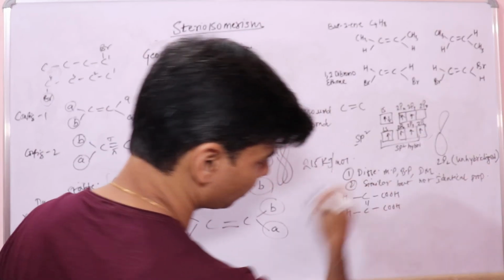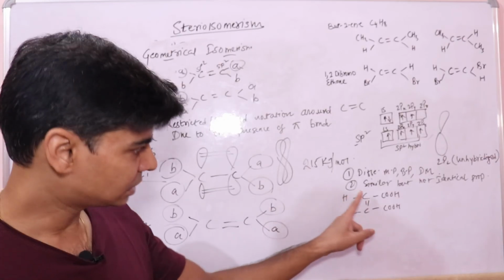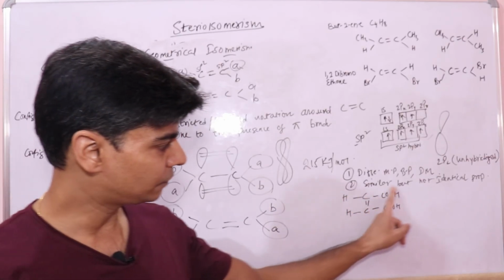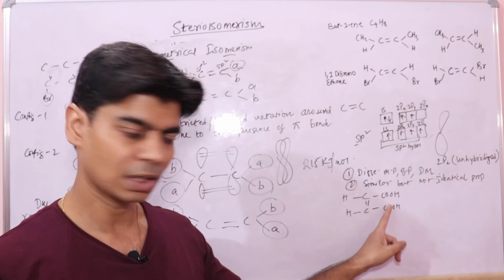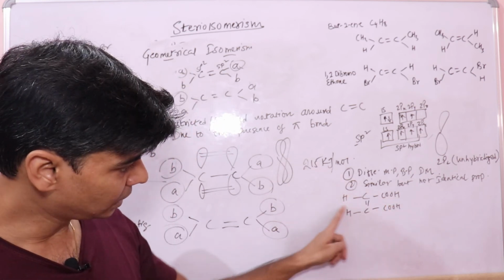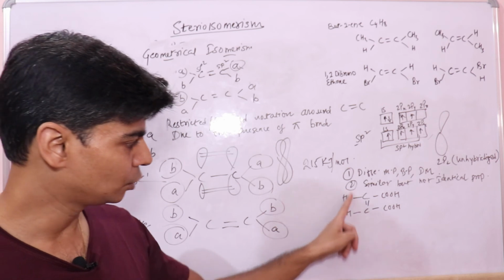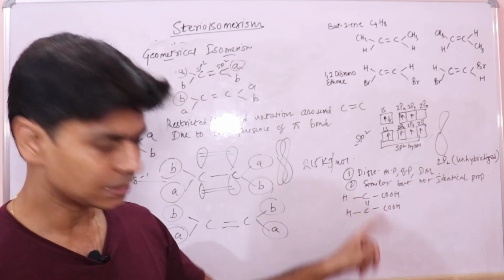This is the cis form, where at the same side of the carbon-carbon double bond you have similar groups, carboxylic groups, and similar atoms, hydrogen atoms. You have the same groups and atoms at the same side of the double bond.